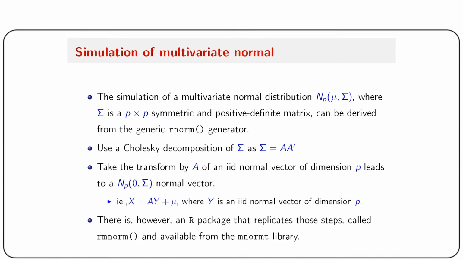There is, however, an R package that replicates those steps, called rmnorm. This is the function name, and it can be used from the library mnormt. If you don't have the library already installed, you can download and install it before you call the rmnorm function.